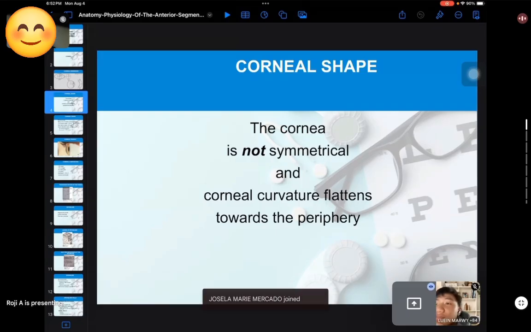If you are going to be more particular, it's really not symmetrical. Even your hands, if you are thorough enough, you would notice they're not exactly the same. Same with the cornea, because it is not symmetrical and corneal curvature flattens towards the periphery, which makes it aspheric. Correct? So far, so good. No questions.